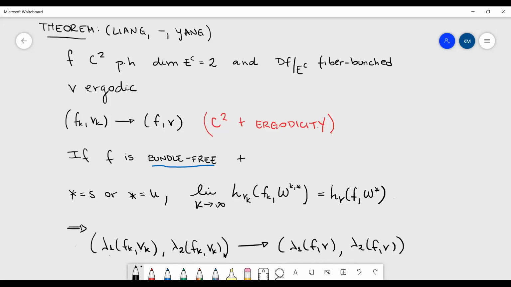So the idea is that in order to guarantee that the measure stops being hyperbolic, you need to break one of these. You need to collapse the entropy along a stable manifold, or you need to collapse the entropy along an unstable manifold.